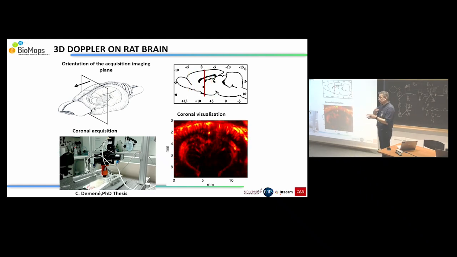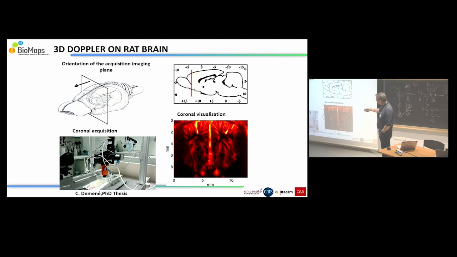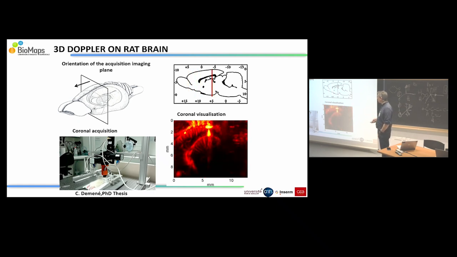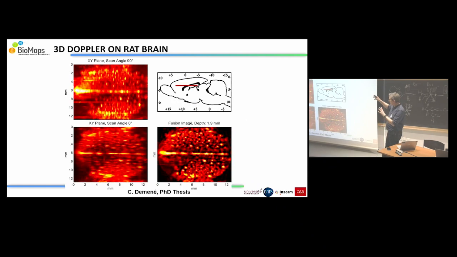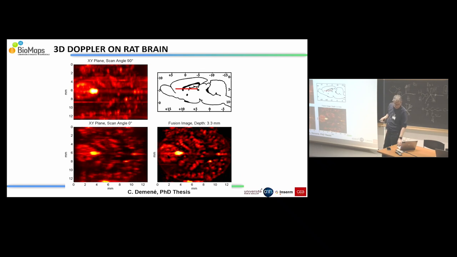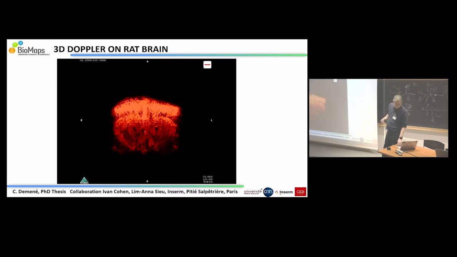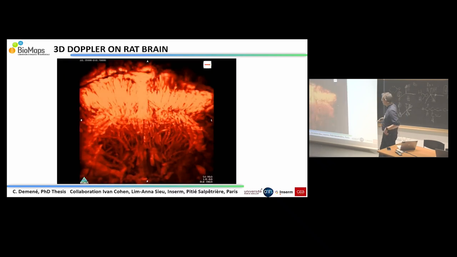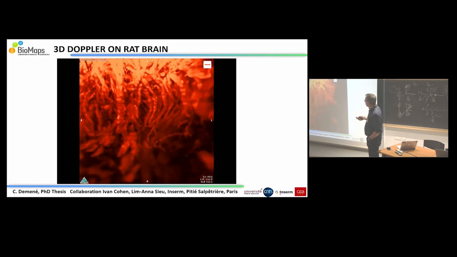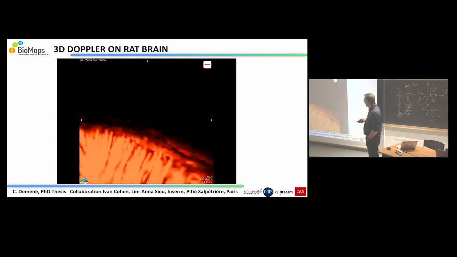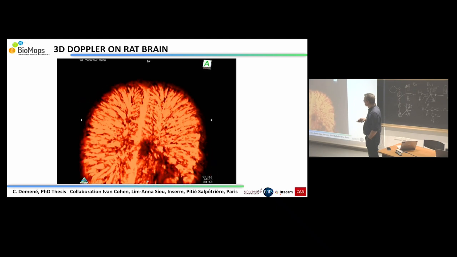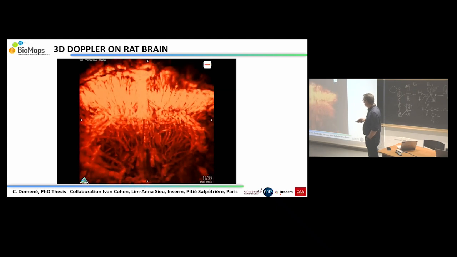You just need to move your probe, and for each position, you reconstruct the vascularization map. And if you concatenate the whole acquisition in all directions of space, you can, like this, reconstruct the full vasculature of here a rat brain with a very high resolution of 100 micrometer.